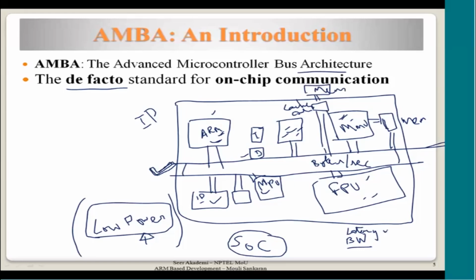Now latency is, when any address is sent out by the processor, maybe for a read cycle, how long does it take for getting the data back from memory to the processor? So this is the latency, and how fast any data can be transferred over the bus is the bandwidth. And how many devices can be connected to the bus is another design capability.